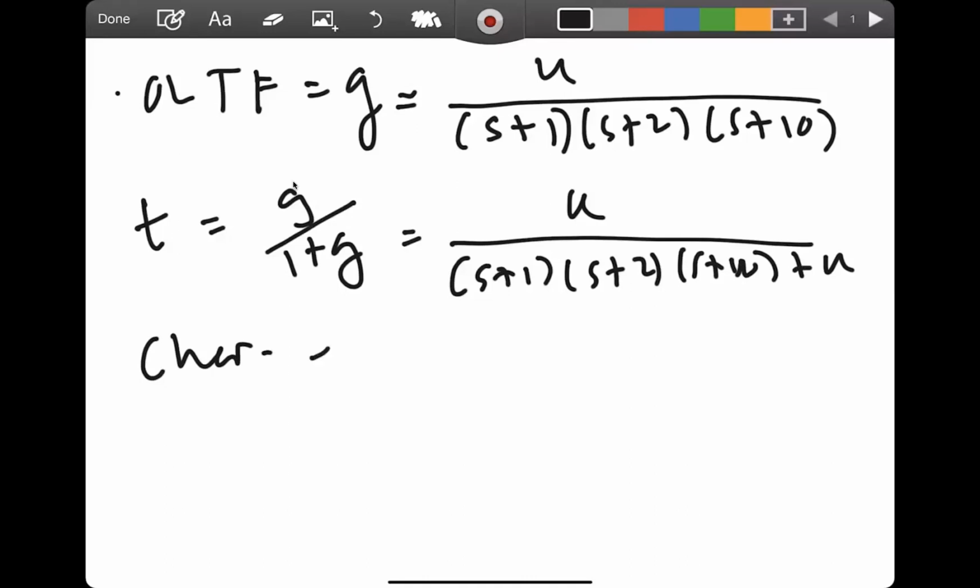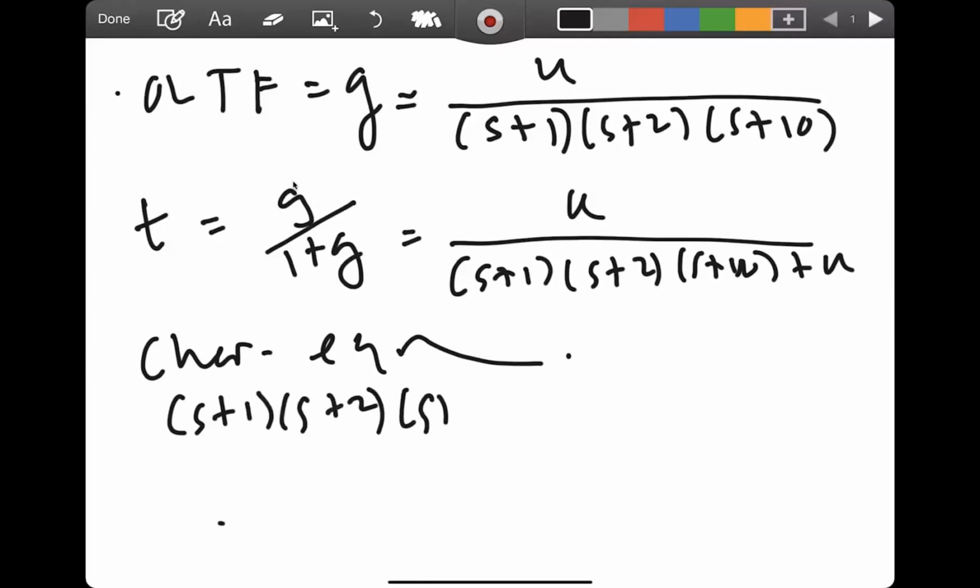The characteristic equation is (s plus 1)(s plus 2)(s plus 10) plus K equals 0. That is the characteristic equation.